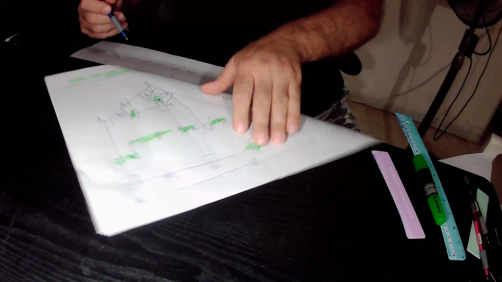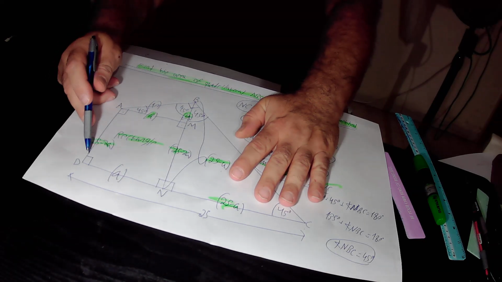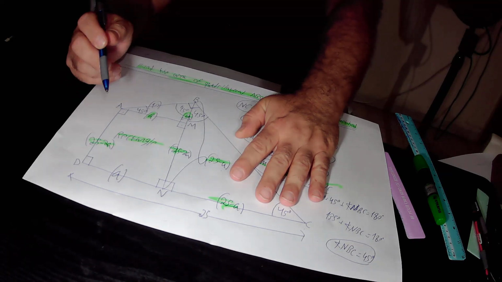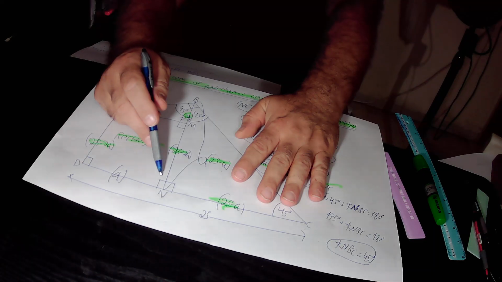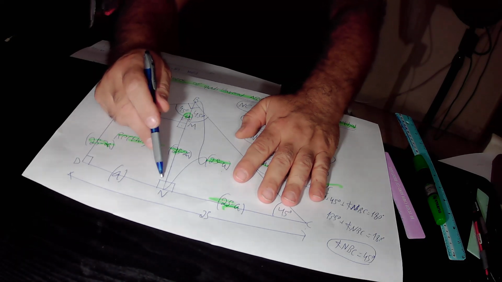Actually, inside quadrilateral AMND we have 1, 2, 3 right angles. The 3 right angles are those 1, 2, 3. The sum of 3 right angles is 270 degrees, so 270 degrees plus the size of these 4 pieces again, in total, must be equal to 360 degrees according to the rule that the sum of the angles in any quadrilateral is equal to 360 degrees.